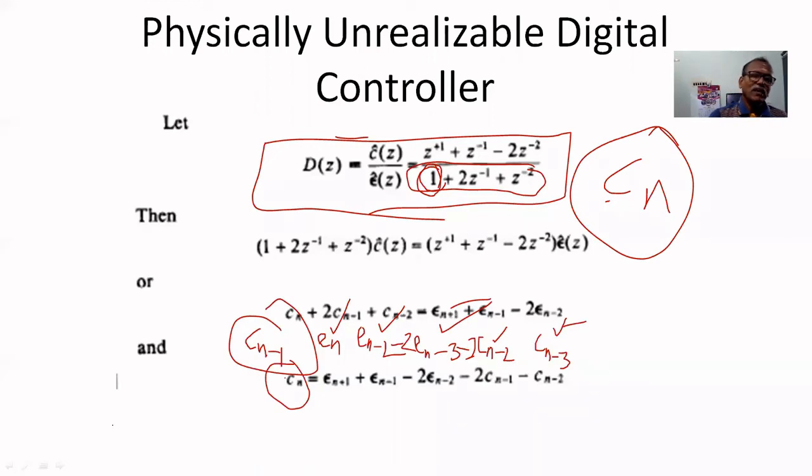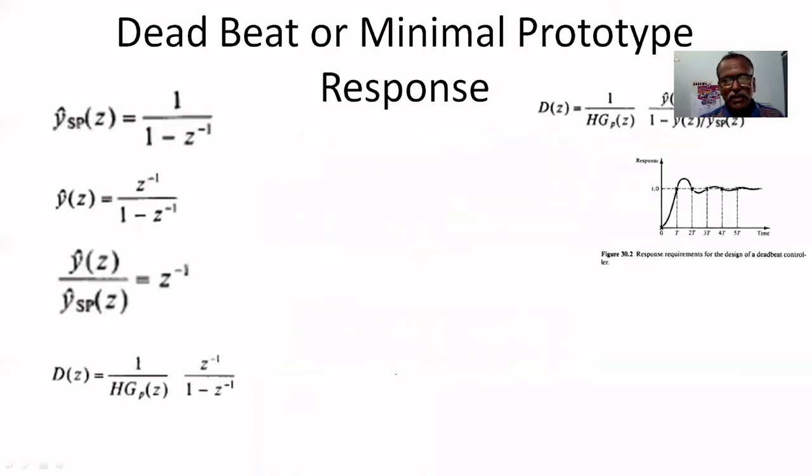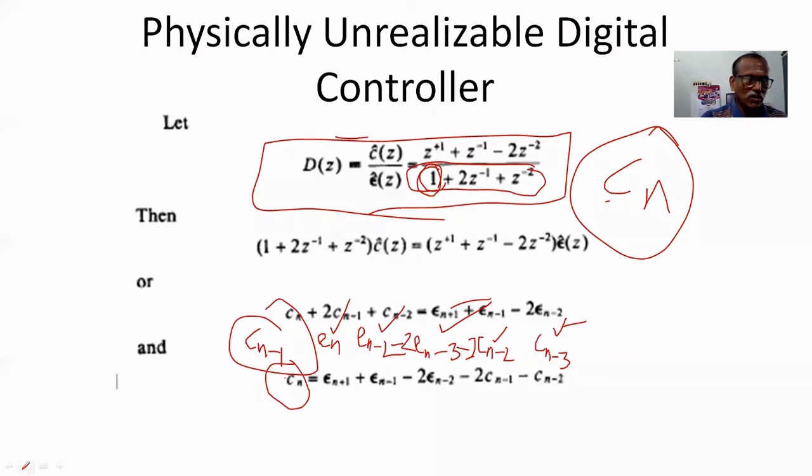So when will this situation arise? When will you end up with physically not realizable controllers? Suppose your system has a dead time of 2 sampling periods, but you considered it as only 1 sampling period.